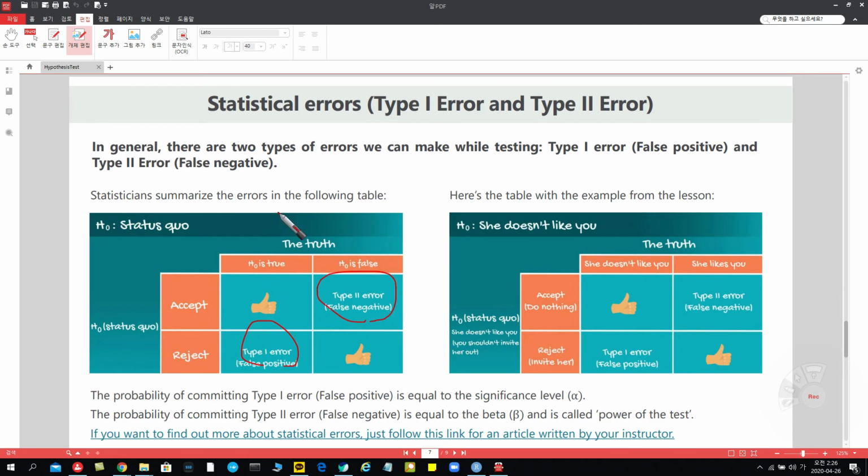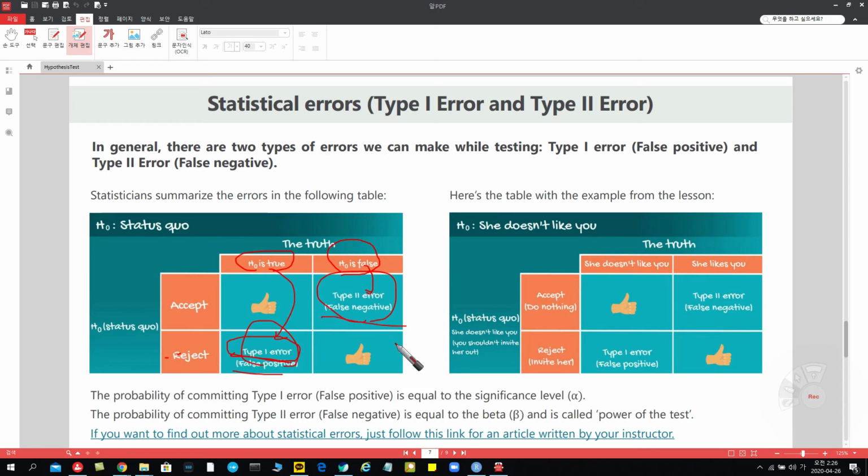So as I mentioned, what if the null hypothesis is true, but we rejected it? This is an error. We call it a Type 1 error, or false positive. Then another one, Type 2 error, is when the null hypothesis is false, but we accept it.